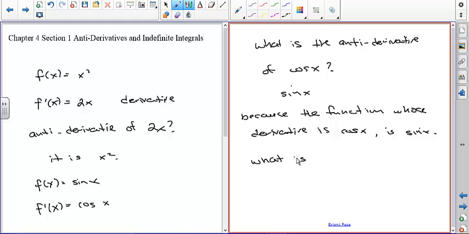What is the antiderivative of x to the n? We know what the derivative of x to the n is. It's n times x to the n minus 1. That is the formula that we know how to use because we've done it so much. Well, it turns out the antiderivative of x to the n is x to the n plus 1 divided by n plus 1.